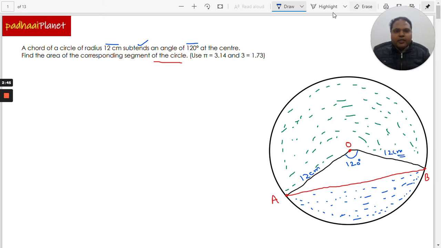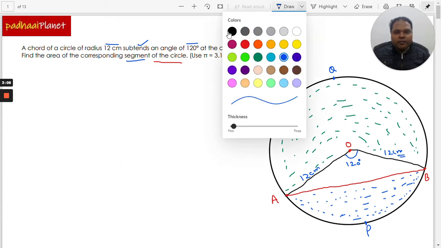Now let's also name this point, say, as P, and this point as Q, right? So what we need to do is find out the area of the corresponding segments of the circle. First we will find out the area of the minor segment. So that's the segment APB, right?